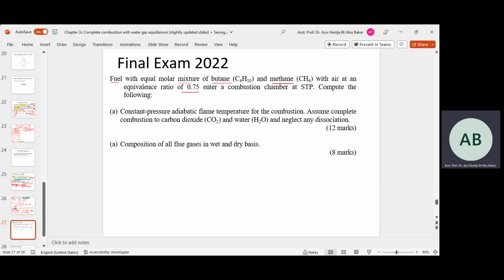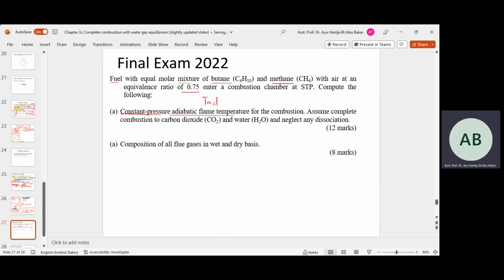Okay, 1 atm, temperature 25 degrees C. It asks you to compute the constant pressure adiabatic flame temperature, TAD, with constant pressure.